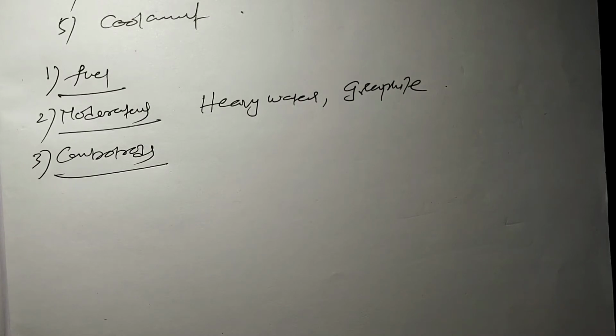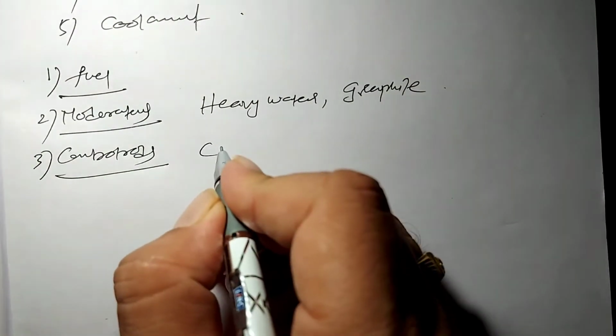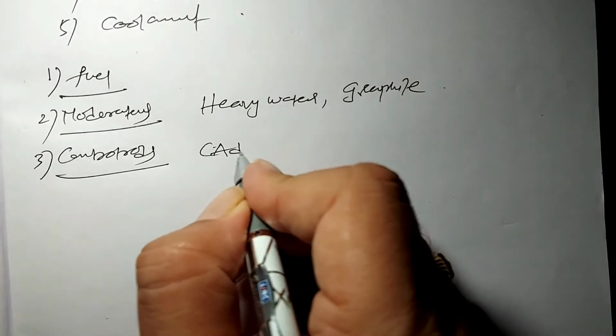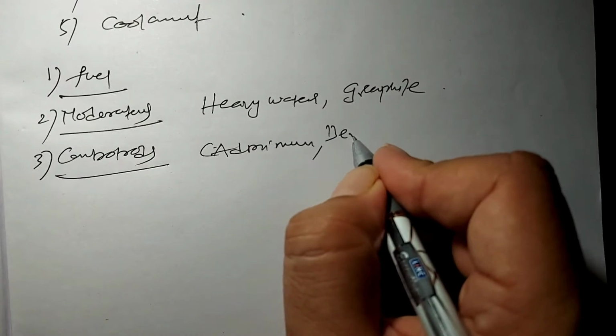When the control rods are inserted inside, they absorb the neutrons and control the chain reaction. Which are used as control rods? Number one, cadmium and beryllium.